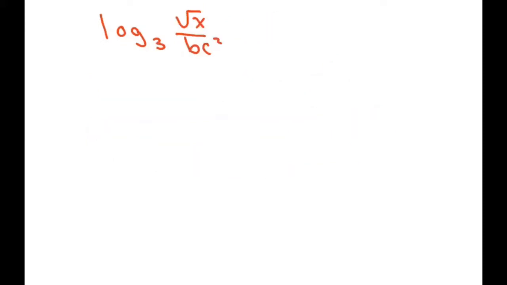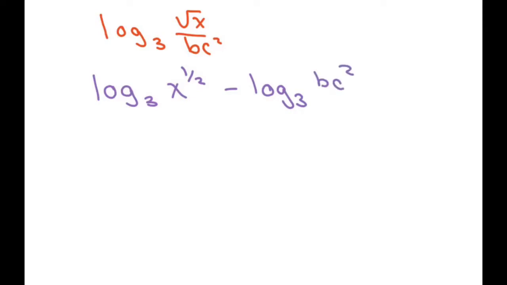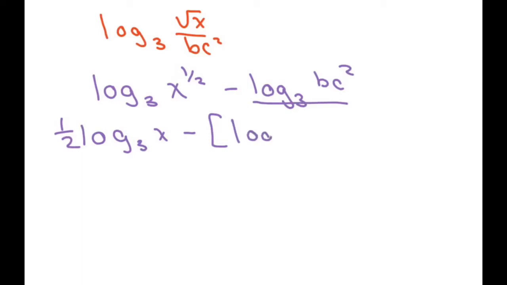And the last one is this one. Okay, so let's go ahead and write this out. Log base 3 of x to the 1/2 minus log base 3 of bc squared. Now I can expand this further. I'm going to go ahead and use the power property here: 1/2 log base 3 of x minus, log base 3 of b plus log base 3 of c squared.